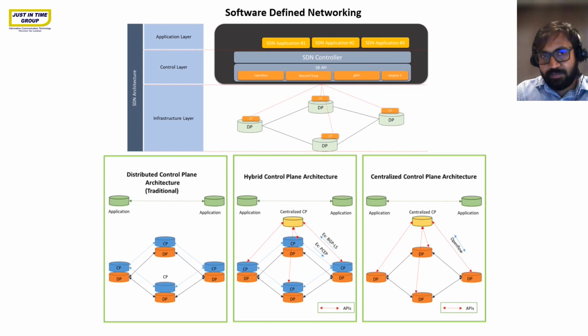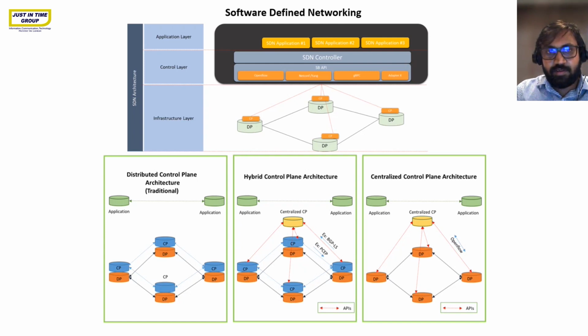But the issue with this kind of architecture, especially in transport network, is that southbound API efficiency is a big concern. You would not be dealing with a network of two or three routers or switches, because you'll be dealing with hundreds of thousands of network equipment distributed across large geographical areas.